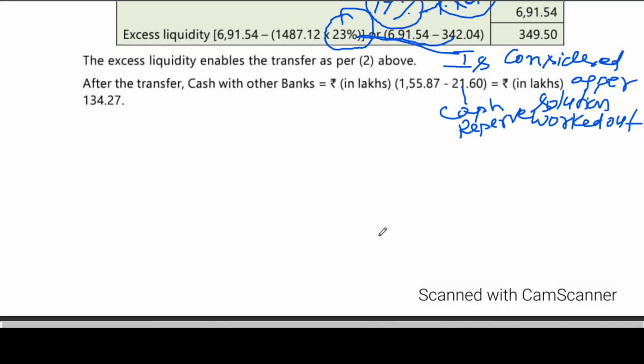The claims likely to be lodged under various state guarantee schemes are pending settlement of claim by government. You have to show advances in four categories, and depending upon that, consider which is good. Also, provision to the satisfaction of auditors has been made and deducted from the advances.